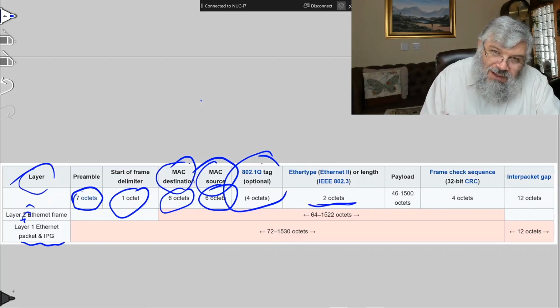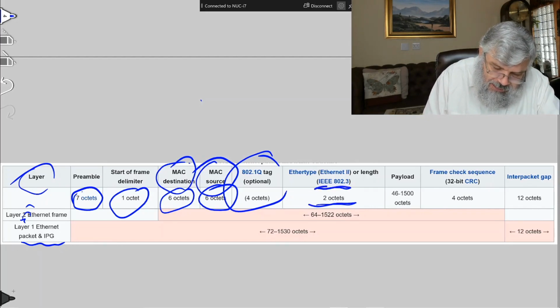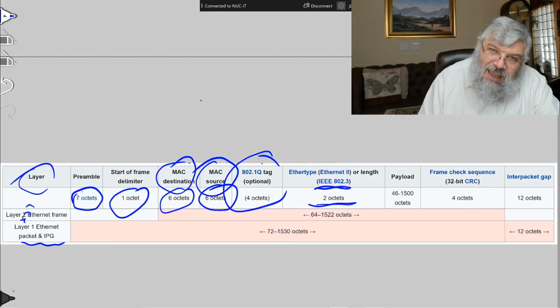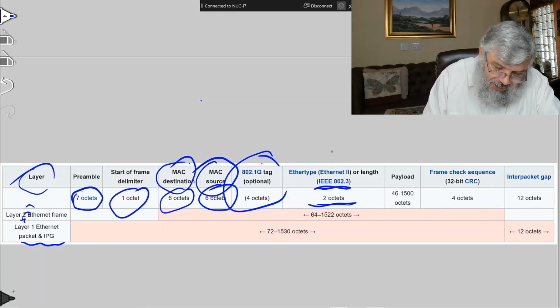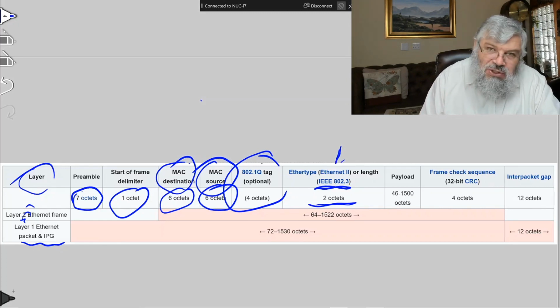Now, one little word of warning again, you see that this length is true for the IEEE 802.3 standard, but not for Ethernet 2 type. So the Ethernet 2 is another version of Ethernet which does not include the length, and I'll leave it up to you to figure out how it will know where that frame ends if it doesn't know the length.